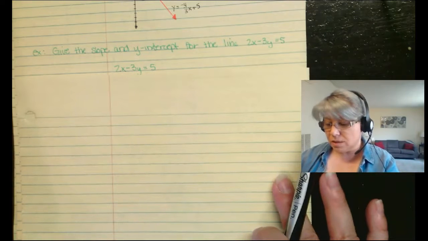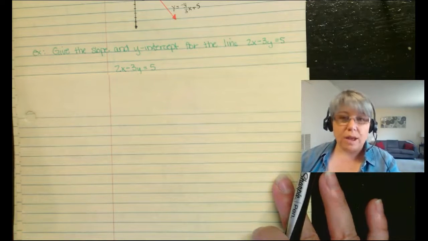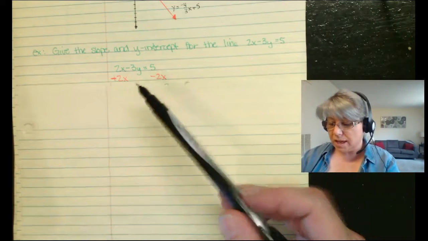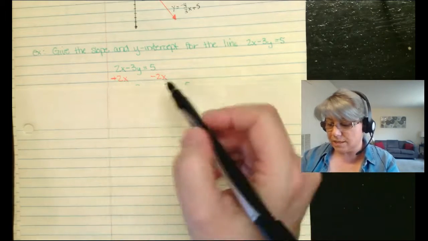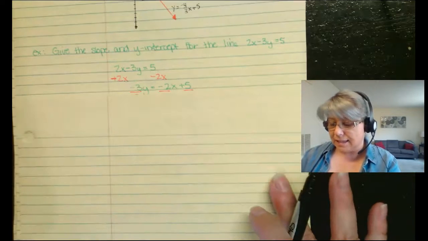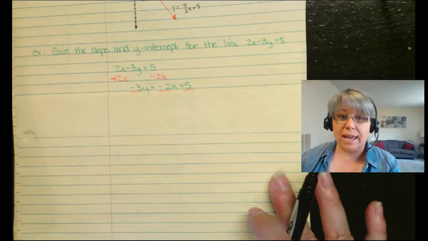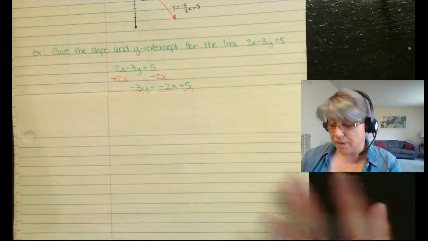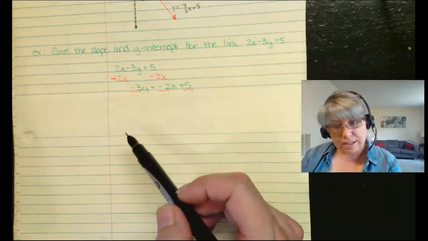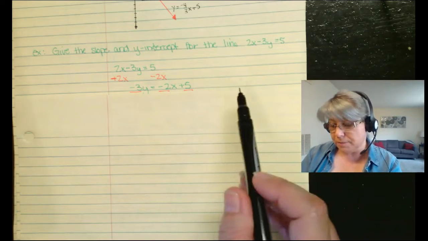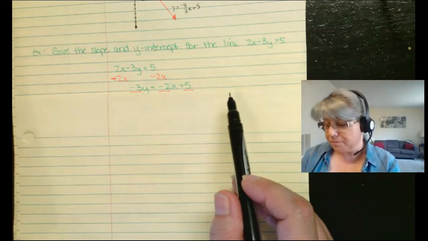So 2x minus 3y equals 5. Let's get rid of this 2x on both sides by subtracting 2x, leaving negative 3y equals negative 2x plus 5. I don't want to know what negative 3y's are. Let's divide each term by negative 3, both on the left, both on the right.